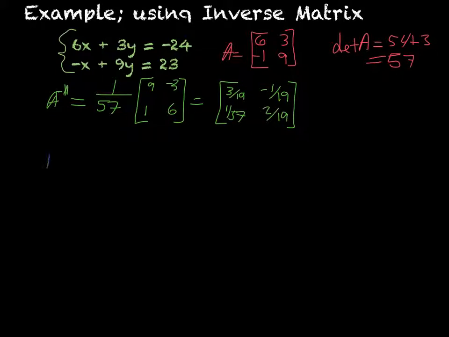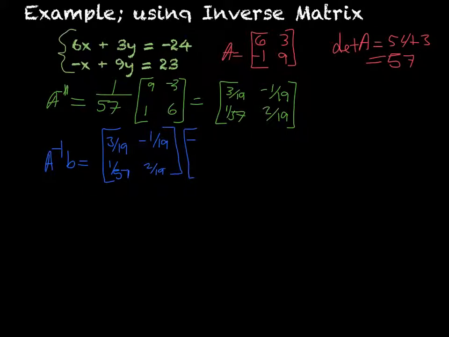To find the solution, A inverse times my B, my solution matrix, so that's going to be 3 over 19, 1 over 57, and -1 over 19, and 2 over 19. That's just copying down my inverse matrix, multiplied by my solution, -24, 23. Then I do my matrix multiplication.